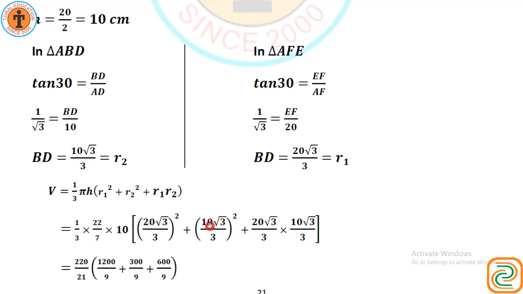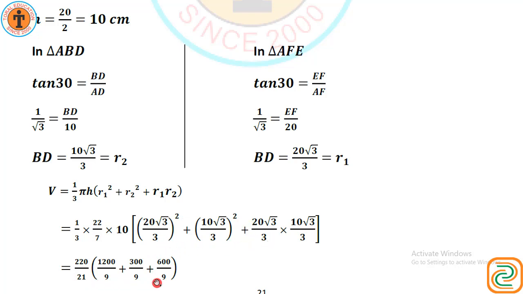What we have got? 20 square is 400, 400 3s are 1200. 10 square is 100, 100 3s are 300. And 20 into 10 is 200, into 3, 600, because root 3 into root 3 is 3. And in the denominator it is square, right? 3 3s are 9.